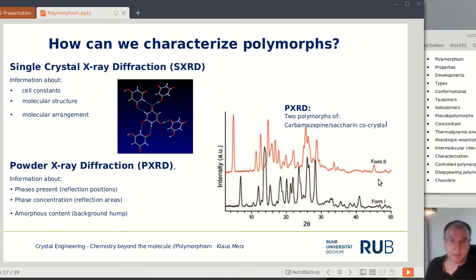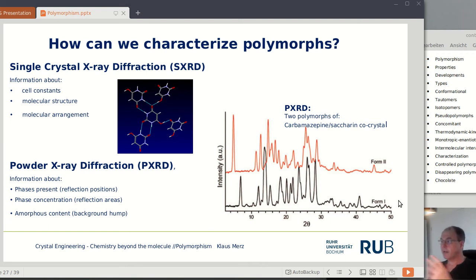But definitely the powder diffraction of this red one is not the same as the powder diffraction of the black one here. This is information, and this could sometimes still be enough in polymorphic investigations.